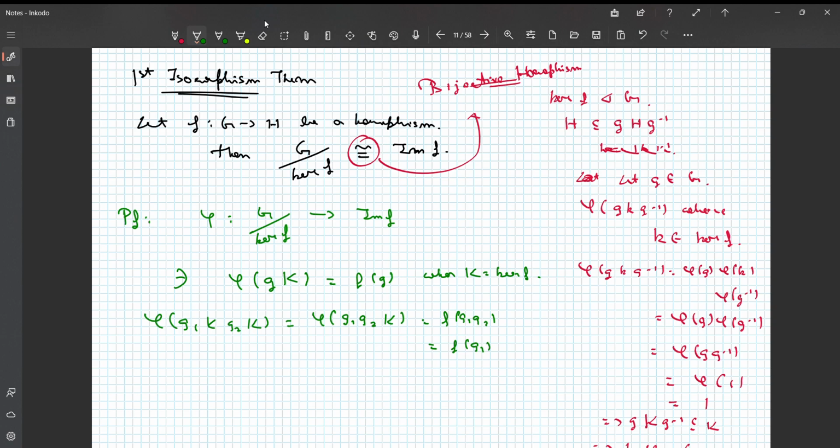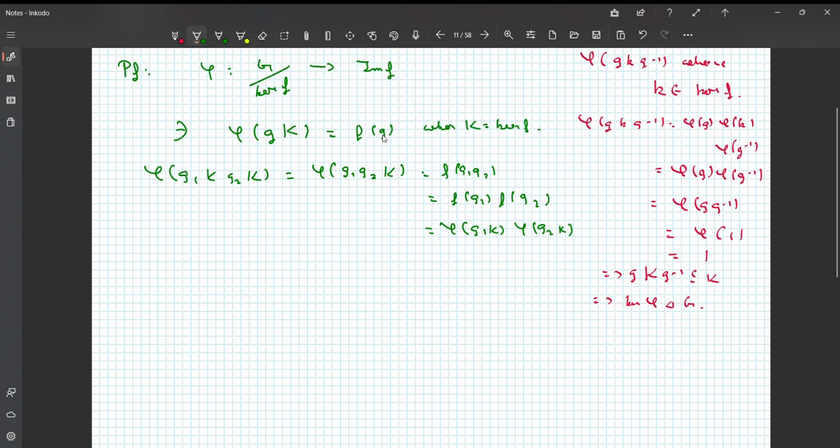So this is nothing but F of G1 times F of G2. But F of G1 by definition is phi of G1K, and F of G2 is by definition phi of G2K. Therefore, this is a homomorphism, right? Therefore, phi is a homomorphism. Clear?